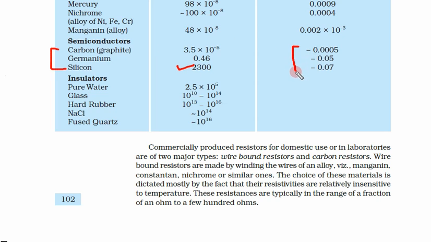But if you see here, the temperature coefficient of resistivity, alpha, is negative. That means if we increase the temperature, their resistivity will decrease. For semiconductors it will decrease.